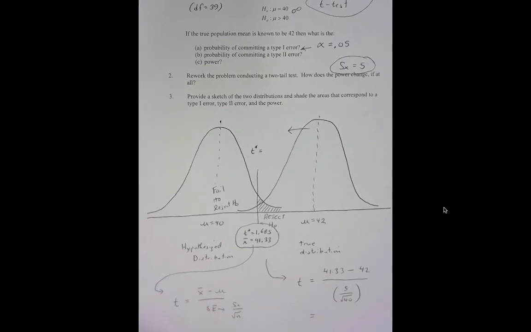So my t-score that cuts off the region is 41.33 minus 42 divided by the quantity 5 divided by the square root of 40. So it's negative 0.847.